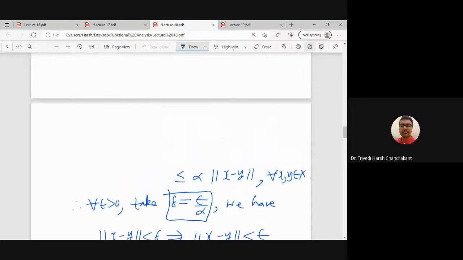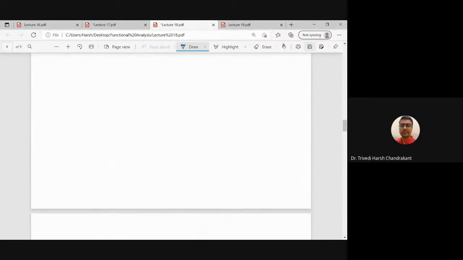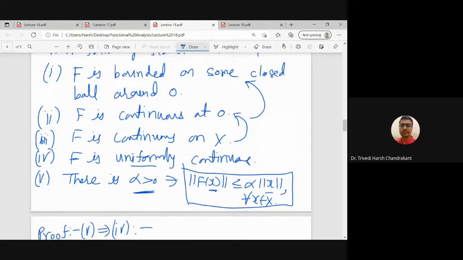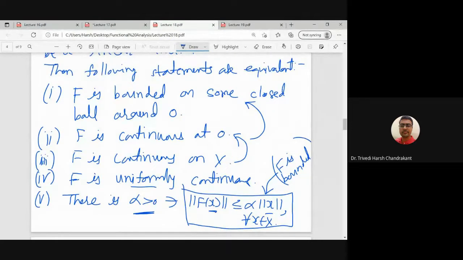So this part is simple, we are just using this alpha condition. This condition is known as f is bounded. F is bounded as a linear map between normed linear spaces, and this boundedness condition is equivalent to the condition that f is continuous.